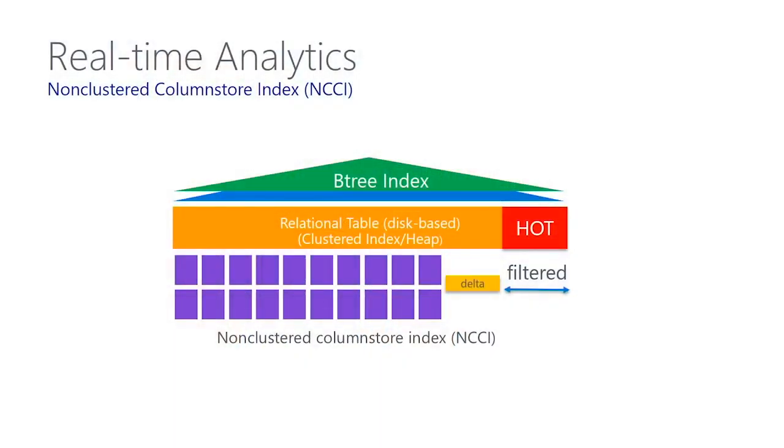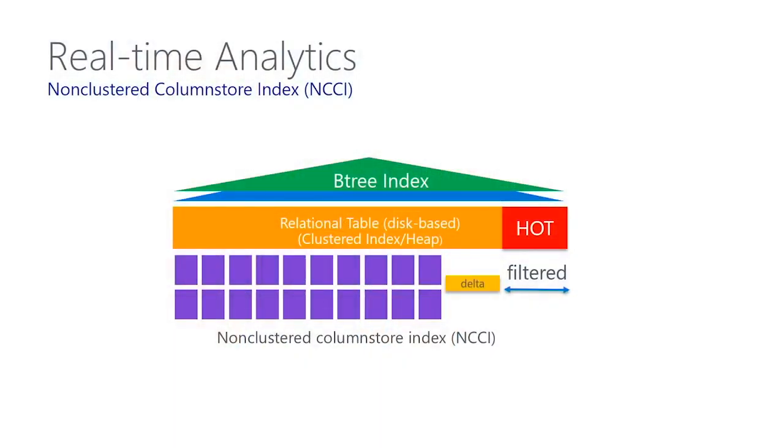So for example, if you know when data becomes cold, I'll give you an example. You have an order entry system and you place an order, and the order goes through some changes, and ultimately the order is shipped. When the order is shipped, it becomes cold because it won't see too many changes. So what you could do is create a filtered non-clustered columnstore index.